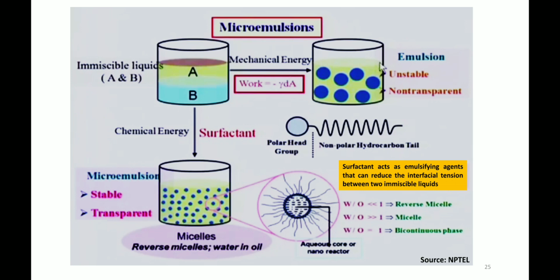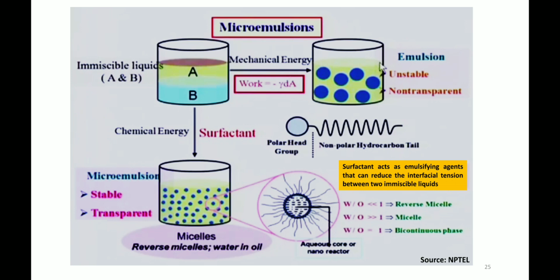So the micelles are of two types. One is a normal micelle and second is a reverse micelle. In a normal micelle, the oil is present in water, O/W. If W/O is the situation, then it is called a reverse micelle, because now the water is trapped in the oil.